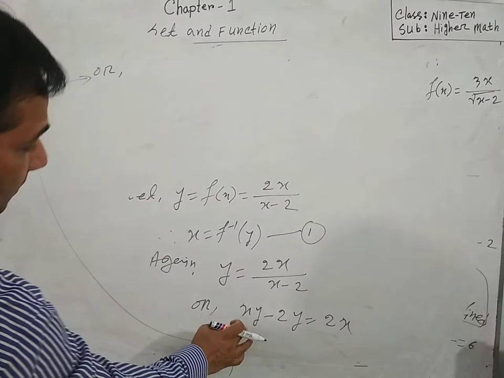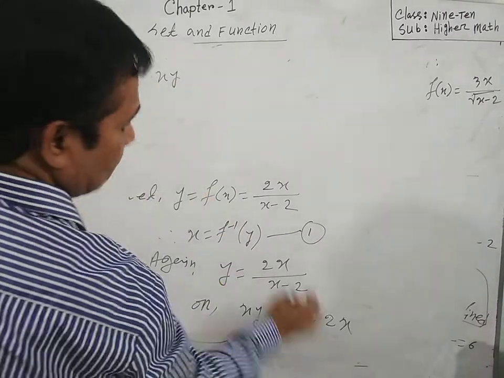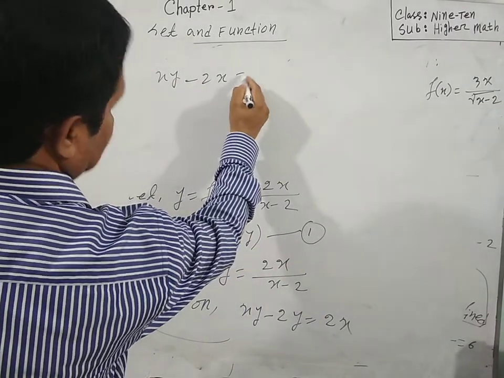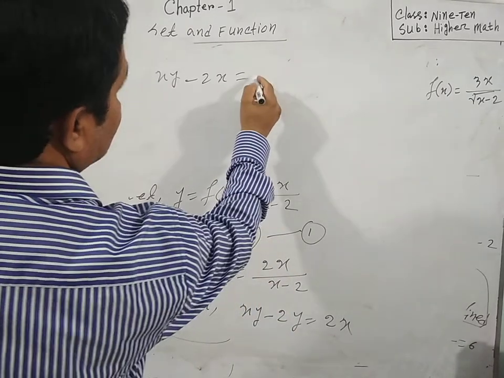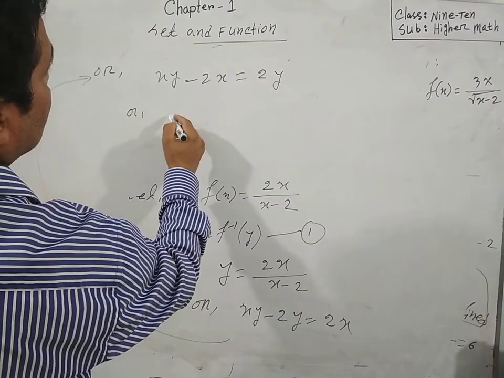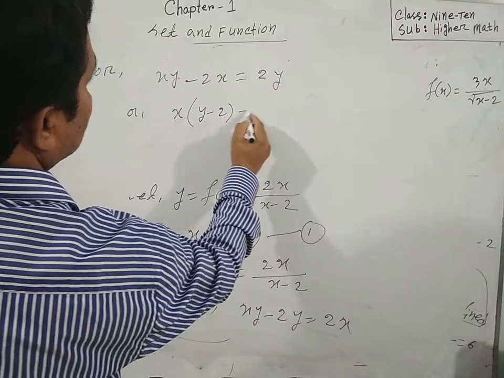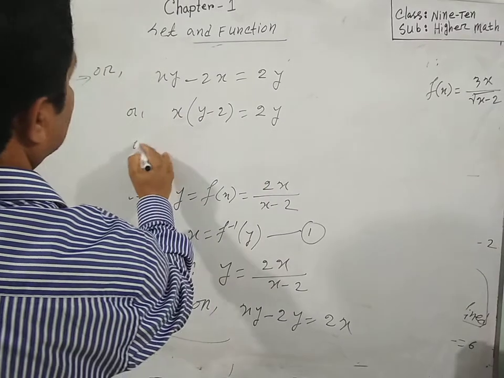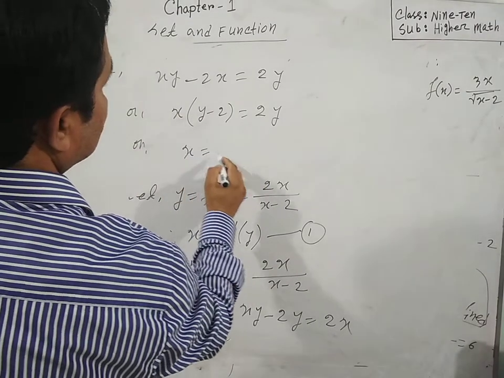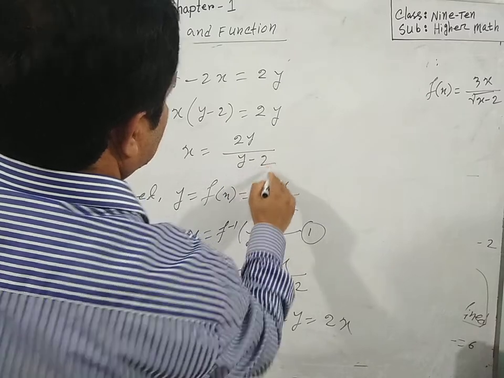So xy minus 2x equals 2y. Taking x common: x times (y minus 2) equals 2y, or x equals 2y divided by y minus 2.